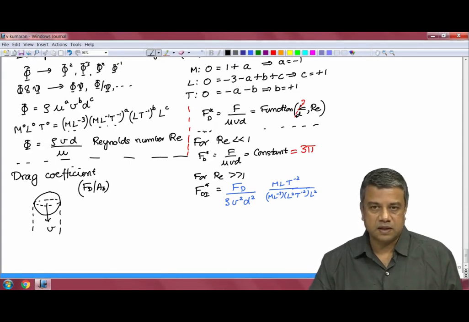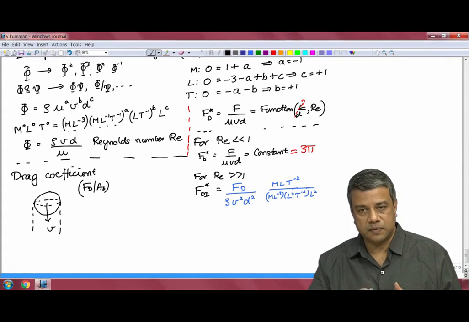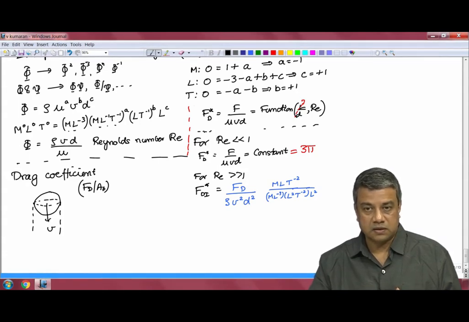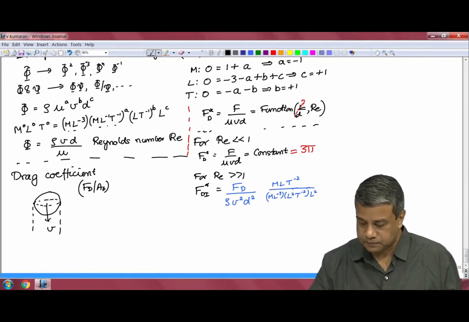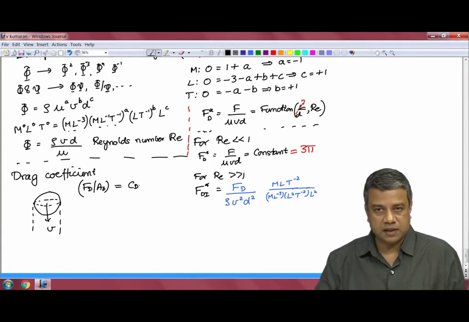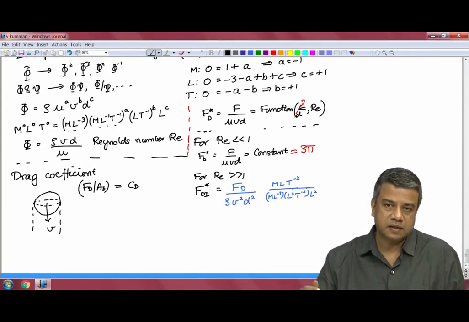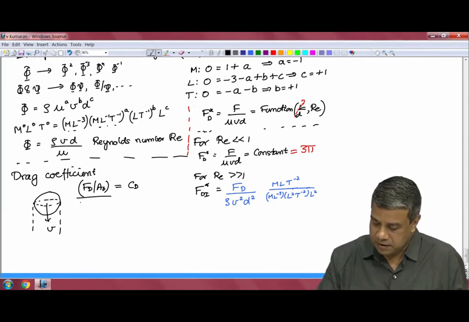Note that the pressure acts perpendicular to the surface. So, the area that you take for calculating the pressure force is going to be the projected area, not the surface area. And this drag coefficient is a scaled force divided by projected area. You can easily verify that a force per projected area has dimensions of pressure, because pressure is force per unit area, and this is divided by half rho v square.